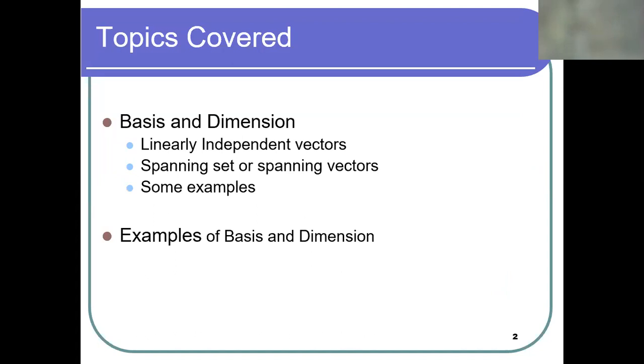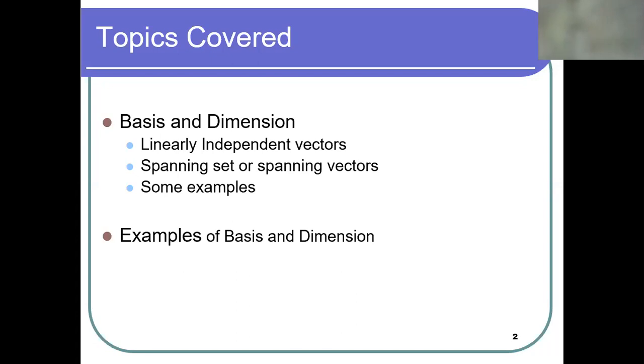So, dear student, if I recall the two-dimensional vector space, let us say R square, in that R square we have two elements through which you can construct any element of R square. Let us say the basis, the linearly independent vectors or spanning set of R square, is (1,0), (0,1), or in the case of the three-dimensional vector space R3, it is (1,0,0), (0,1,0), and (0,0,1).